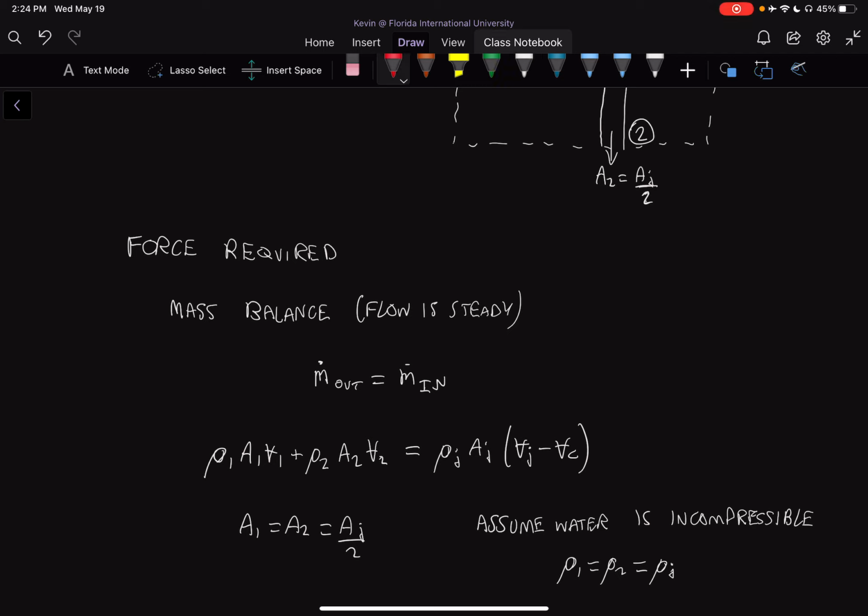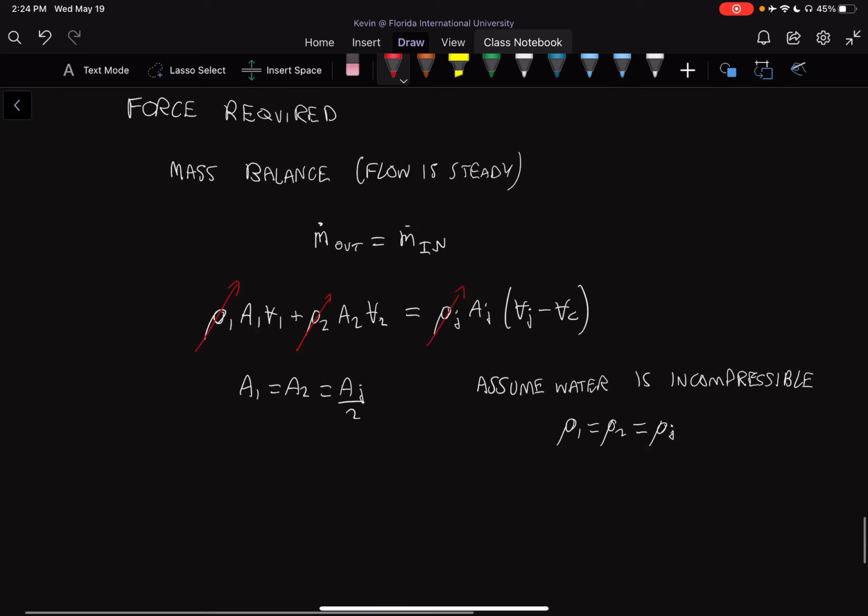And if we have rhos all equal to each other, we can cancel all the rhos from our equation. So we can simplify our equation to 1/2 times AJ. So I'm going to write everything in terms of AJ, multiplied by V1 plus 1/2 times AJ multiplied by V2 is equal to AJ times (VJ minus VC).